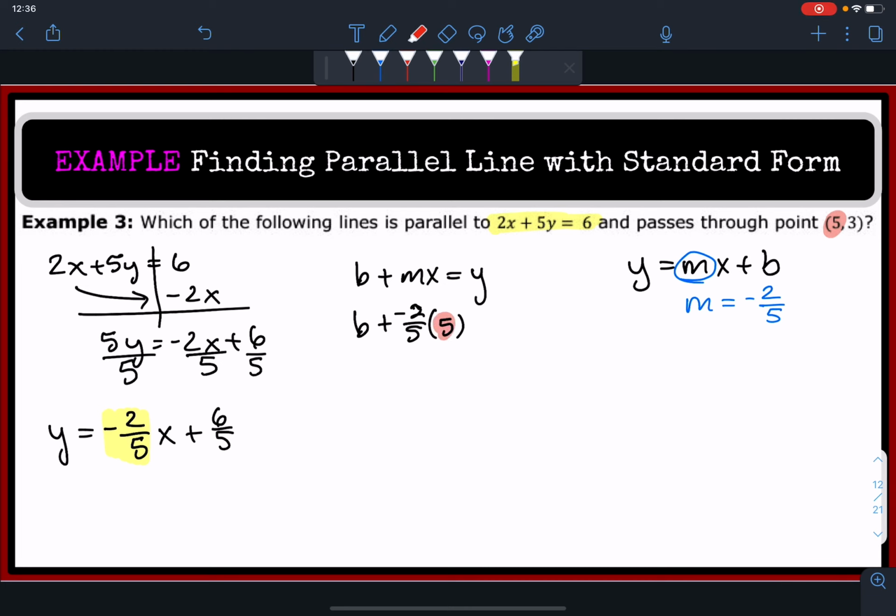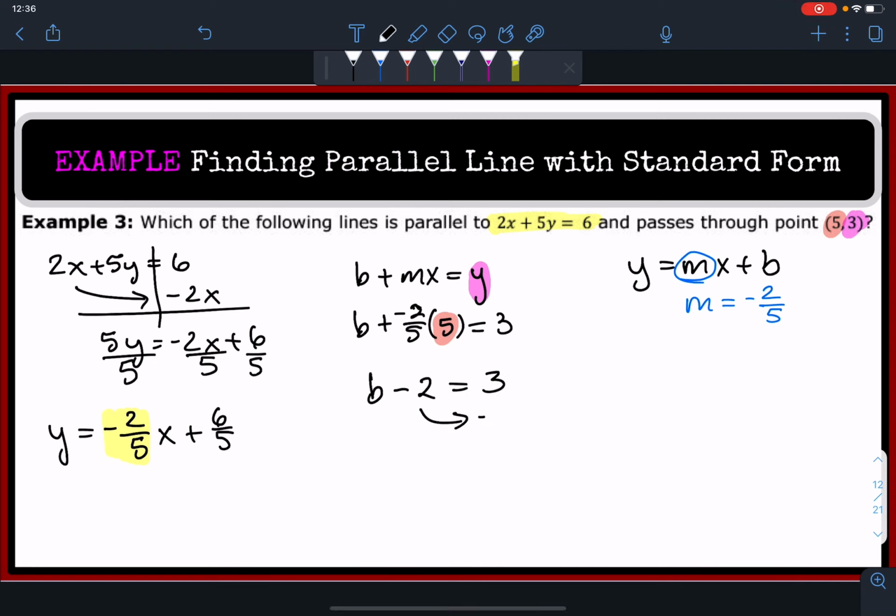That's that number right there. And it's going to equal the y value, which is 3. So I'm going to replace that with 3. Multiplying negative 2/5 with 5, that's going to equal negative 2.